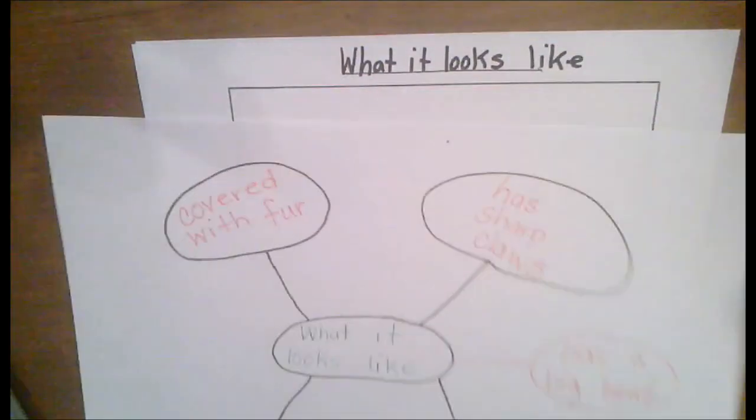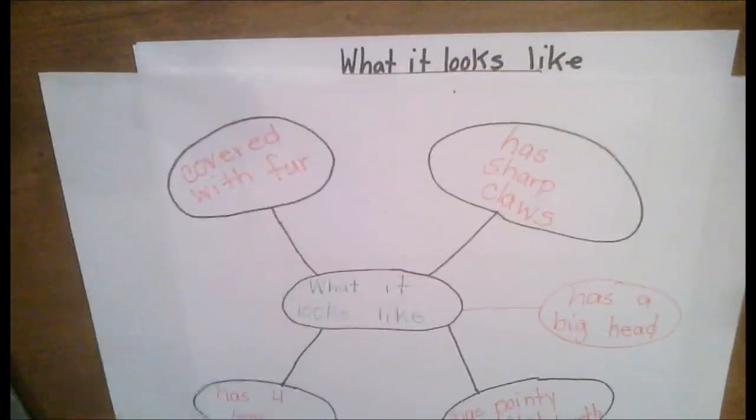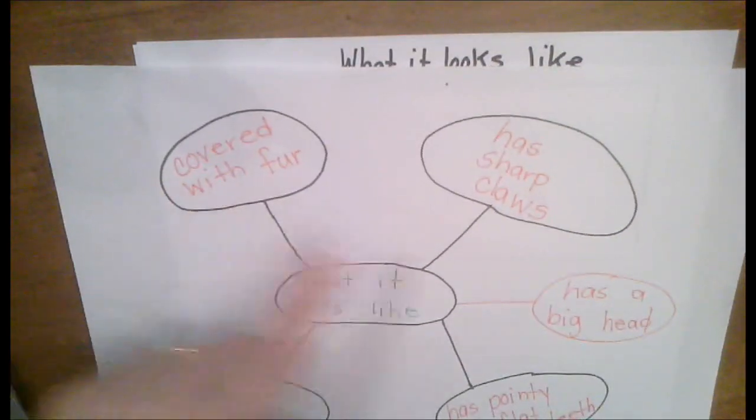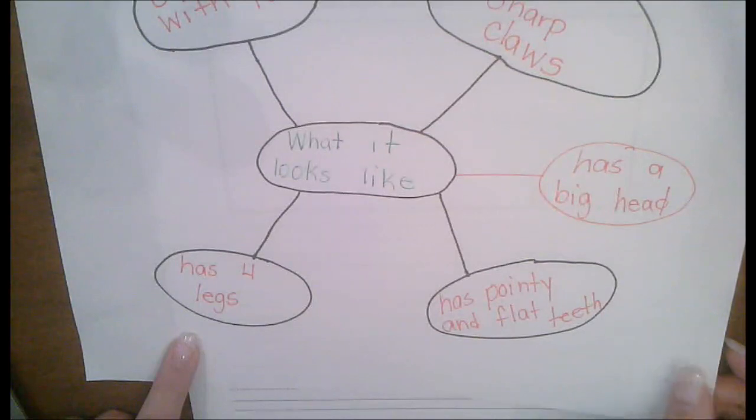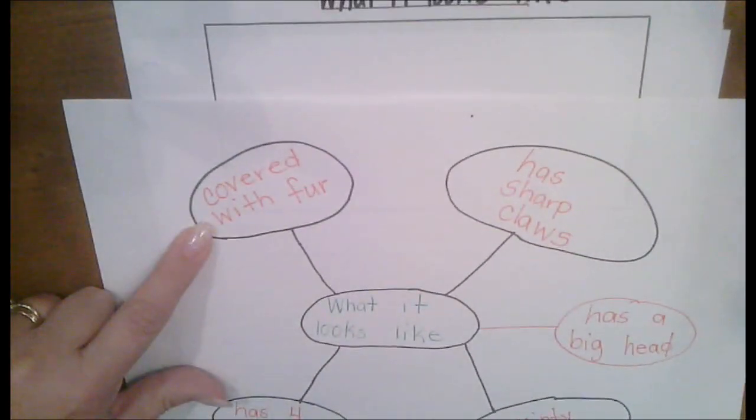Now, I'm going to use my information here. Covered with fur, has sharp claws, has a big head, has pointy and flat teeth, has 4 legs. I think I'm going to start out with writing is covered with fur. So I need to put that into a complete sentence. I want my reader to know what I'm talking about, so I'm going to write the name of the animal.